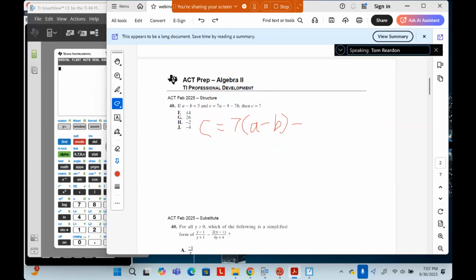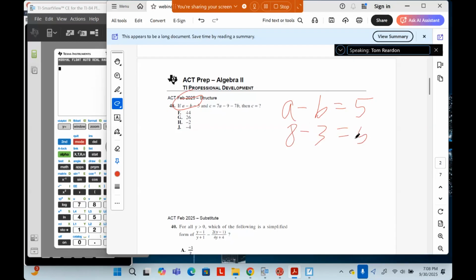Yeah. And this isn't really a calculator method here, but I really like when students have what I call a plug-in mindset or substitute mindset where they're going to plug in numbers. So if you take this equation, A minus B equals 5. Tom, would you just choose for me 2 values for A and B that make that equation true? 8 and 3. 8 and 3.